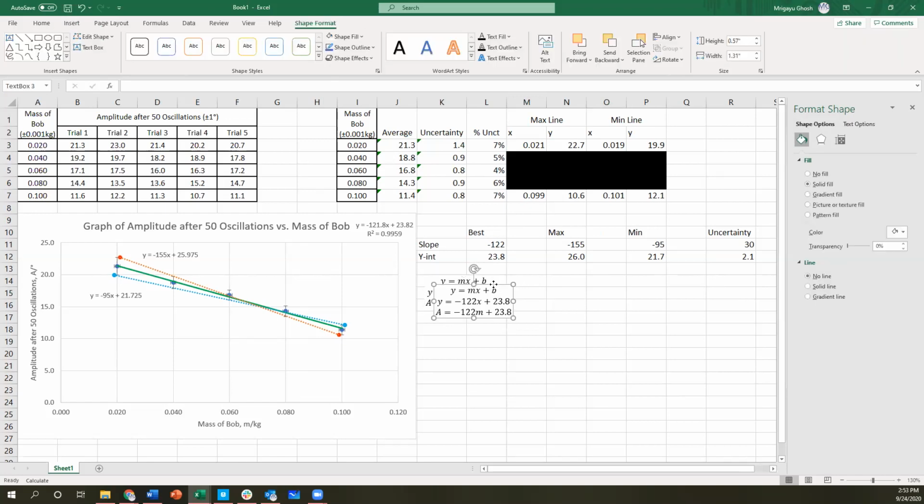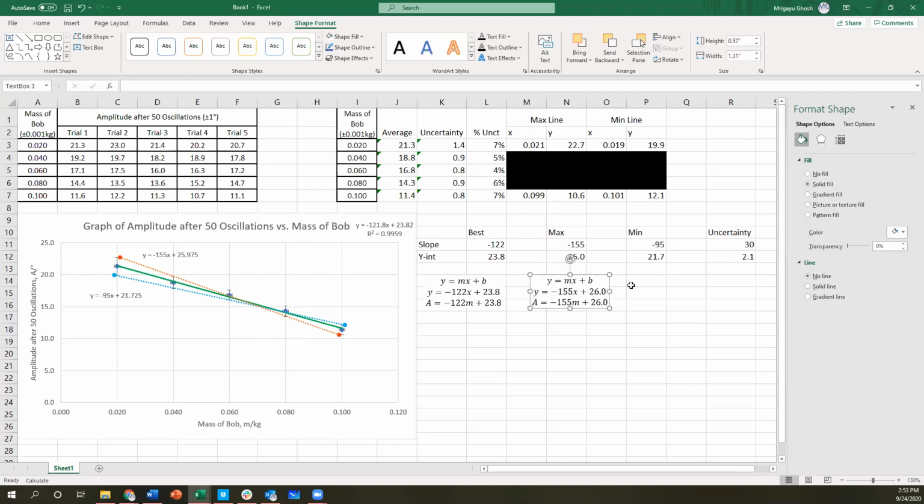For your max line, you can do the same thing. Your max line will be -155x plus 26.0. This is all directly shown in Excel, but this is for when you report your final answer. This is a equals -155m plus 26.0, for the max line.